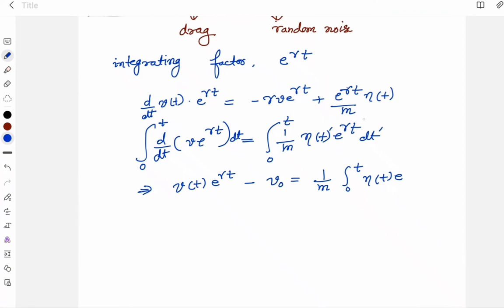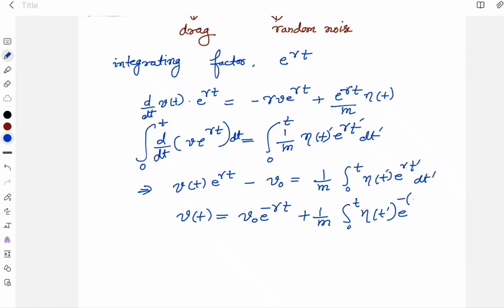So V(t) is equal to v0 e to the power minus gamma t plus 1 over m integral 0 to t eta(t') e to the power minus gamma (t minus t') dt'.